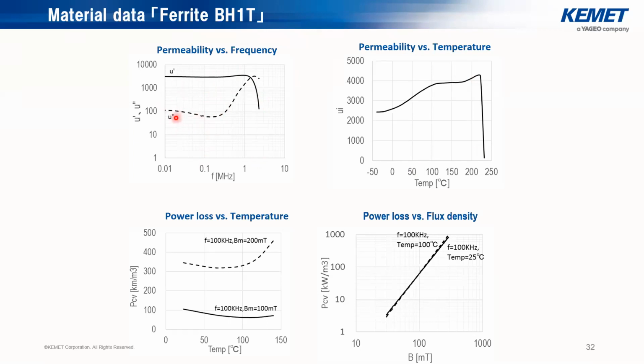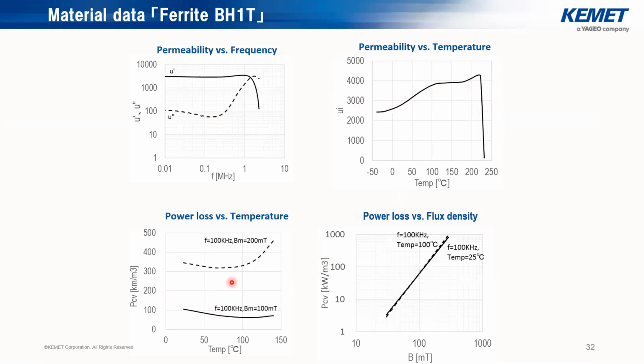For the mu second, you see that at an operating frequency around 100 kilohertz, we have the lowest losses in this material, which makes it very suited for this kind of application. We see that the mu prime is changing only a little bit with temperature, and we have a Curie temperature around 225 degrees.